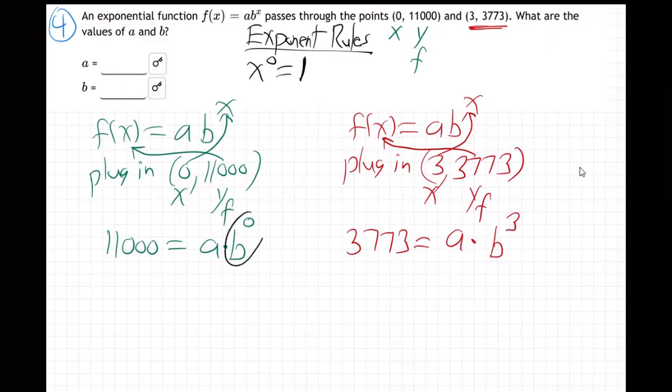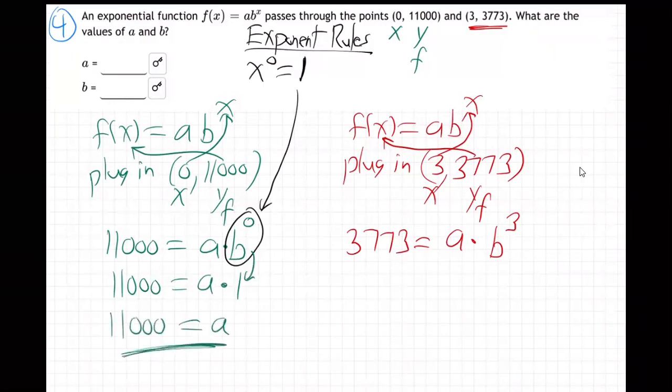So right here then, b to the 0 power, that's 1. So that means 11,000 equals a times 1. B to the 0 power is 1, and a times 1 is just a. So we've got a. So let's bring that up here. Here's a, 11,000. We've got a.